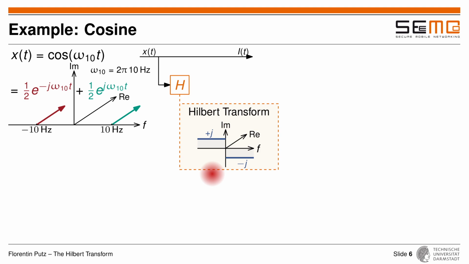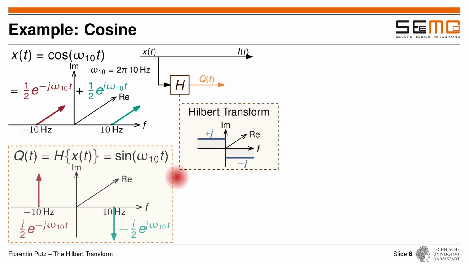So this is how the Hilbert transform of our cosine wave looks like. And so let's look at this green positive frequency component here first. We multiply it by negative j, and negative j basically means that we rotate by negative 90 degrees. So this phasor here that points in the real axis will now be rotated downwards to point in the negative imaginary axis.